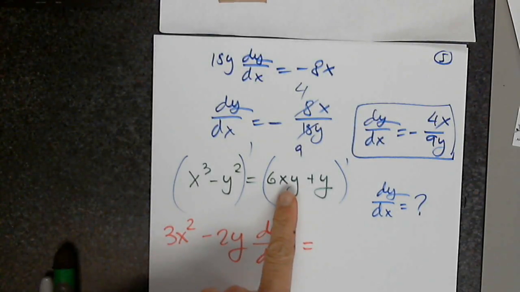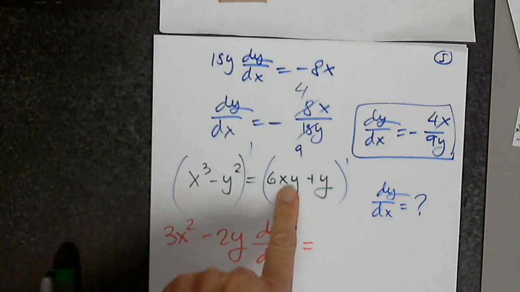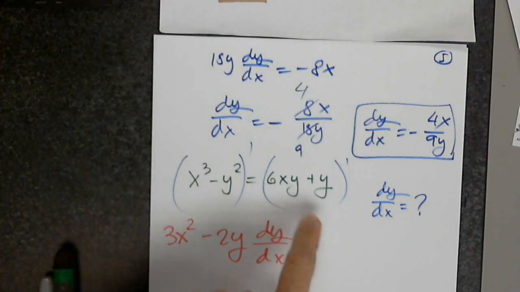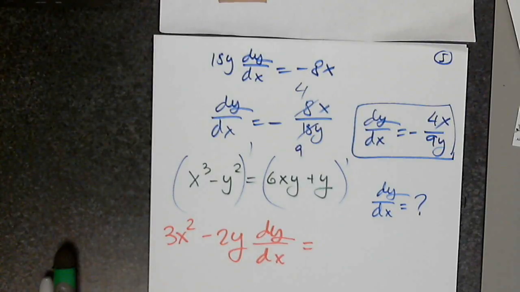Because this is a what? Exactly. Be very careful. So we have to employ the product rule. Okay, let's work on the right-hand side. When you're finished with the right-hand side, let me know.